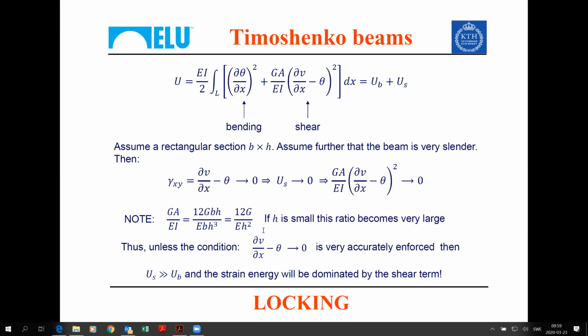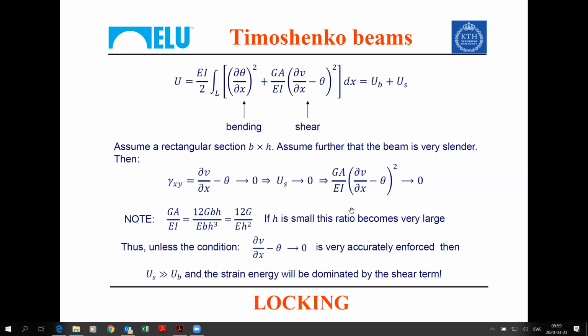Now, if H is very small, and the smaller the H becomes, then the larger this ratio will become. If H is 0.1, squared it's 0.01. By division, you will get 12G over E times 100. If it's even smaller than 0.1, if it's 0.01, then we will multiply 12G over E with 10,000. What does this mean practically?